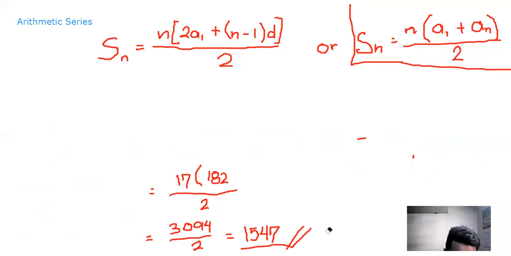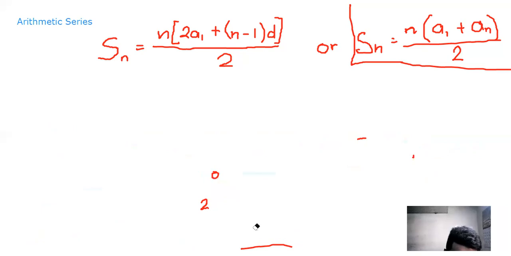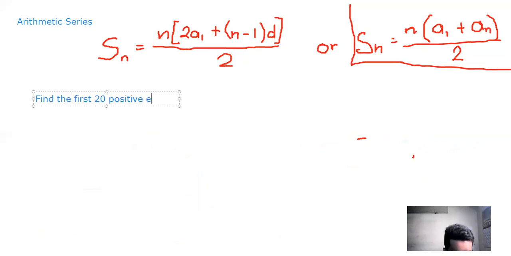For example, ito yung given. Find the first 20 positive even numbers from 34 to... paano kaya? Gawin na natin 80.